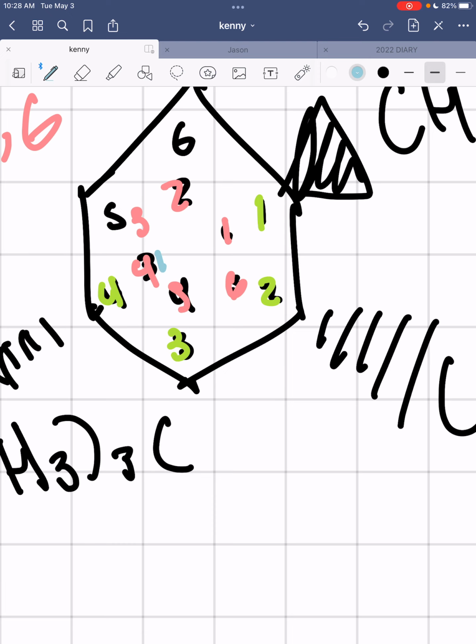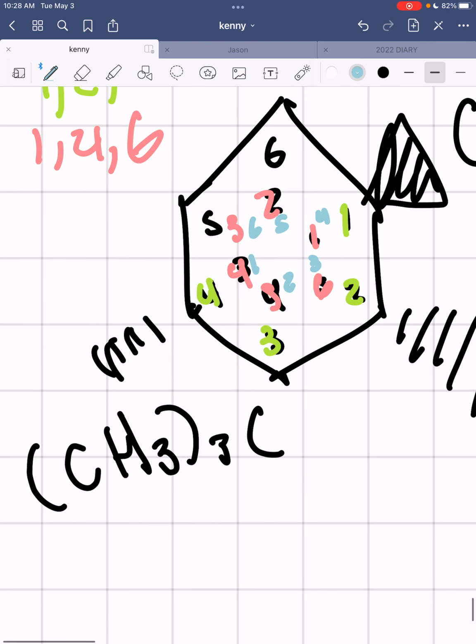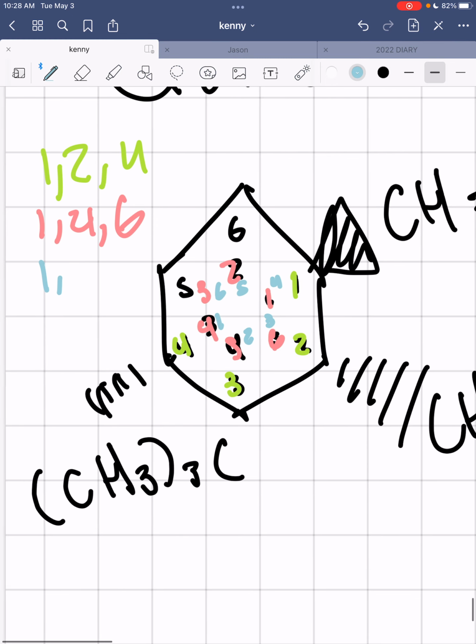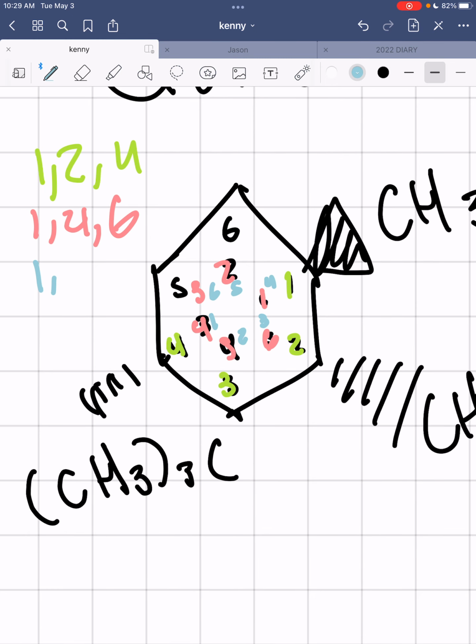So it'd be 1, 2, 3, 4, 5, 6, and then 1, 3, 4. You need the first point of difference and the lowest numbers, so it'd be the green numbering system.